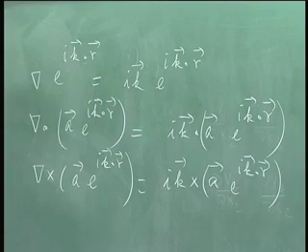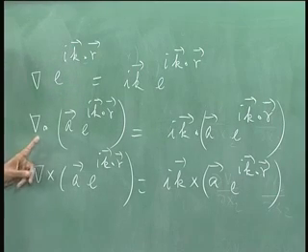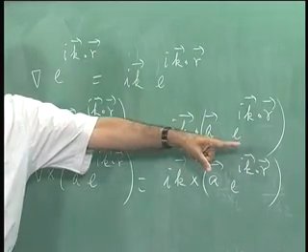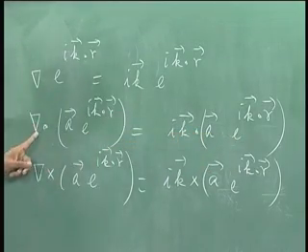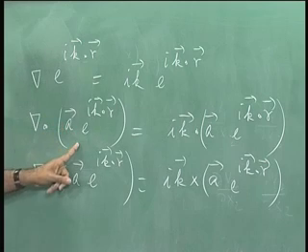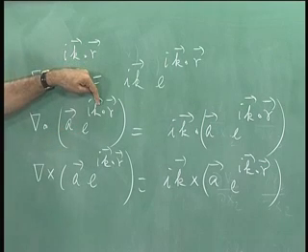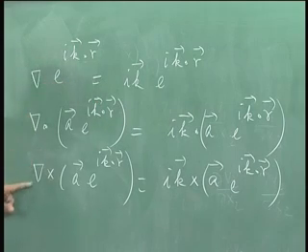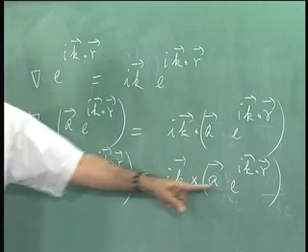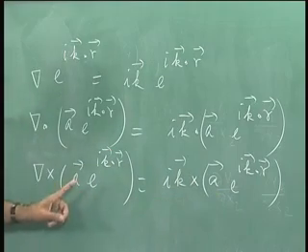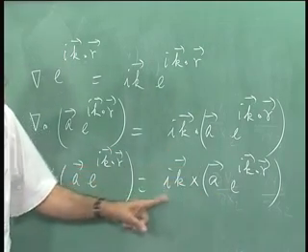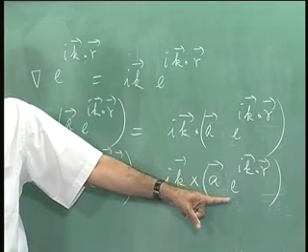It says that the divergence of this vector field is i k dot this guy. So the divergence tells you the component of this vector field along the direction of k, and the curl of this vector field is i k cross, and therefore this curl operator is telling you the component normal to the direction of k.